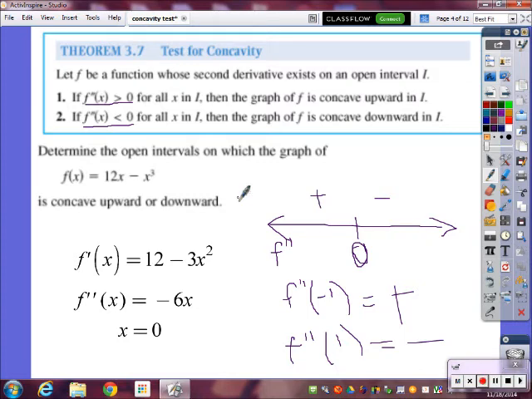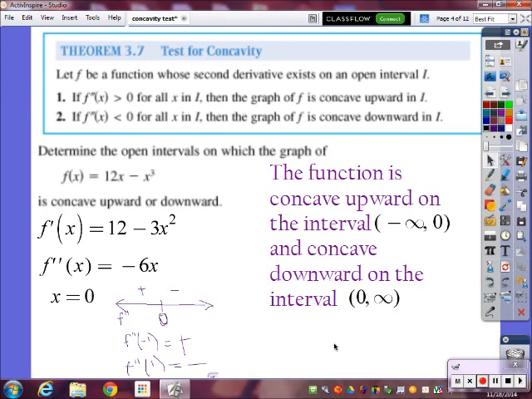So what this means is to the left of 0, my second derivative is positive. And according to this, if it's positive on an interval, concavity is defined by intervals, not by specific x values, but on that interval, my function would be concave upward. So f is concave upward from negative infinity to 0, and concave downward from 0 to infinity.